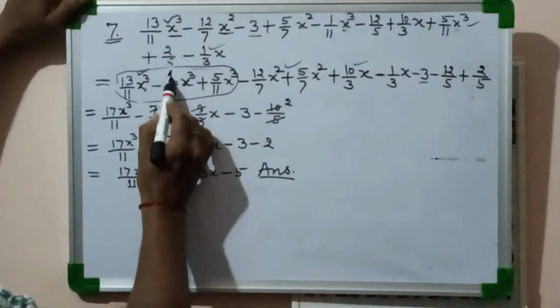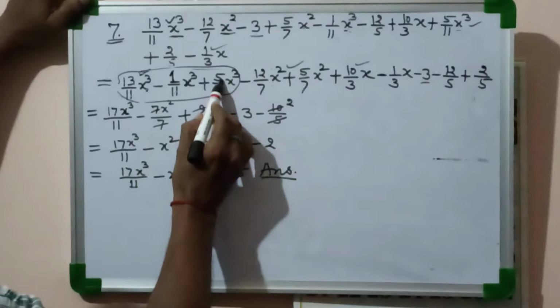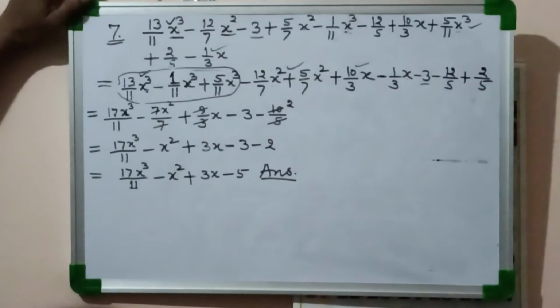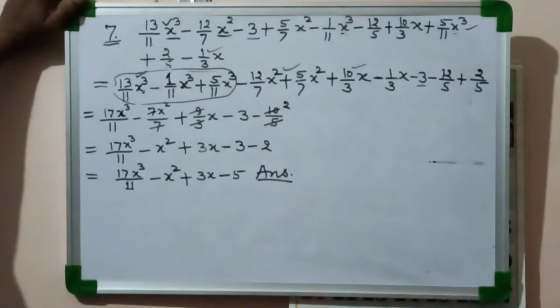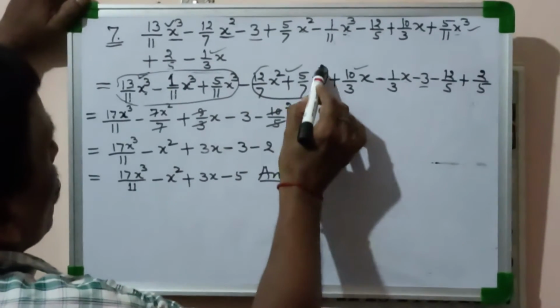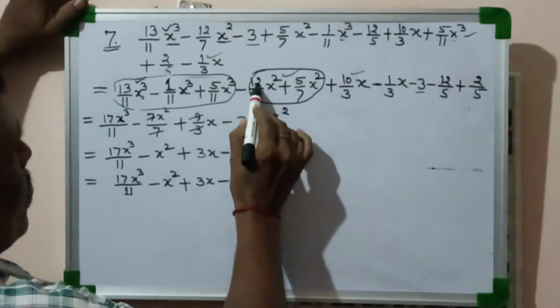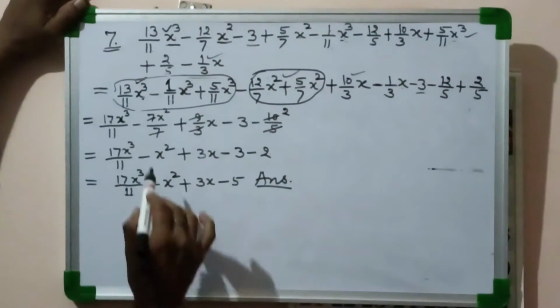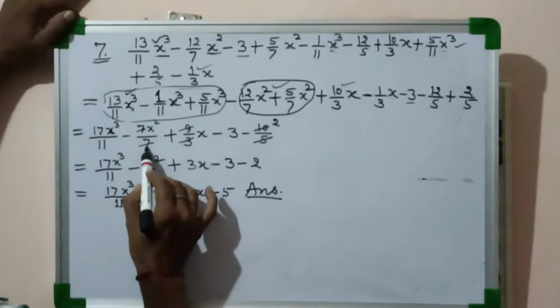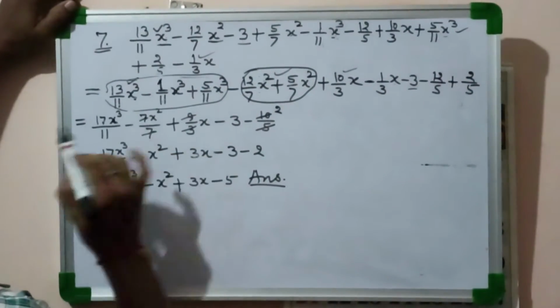Then you see these two terms: minus 12 plus 5 is minus 7, minus 7x square upon 7. So 7 and 7 will cancel.